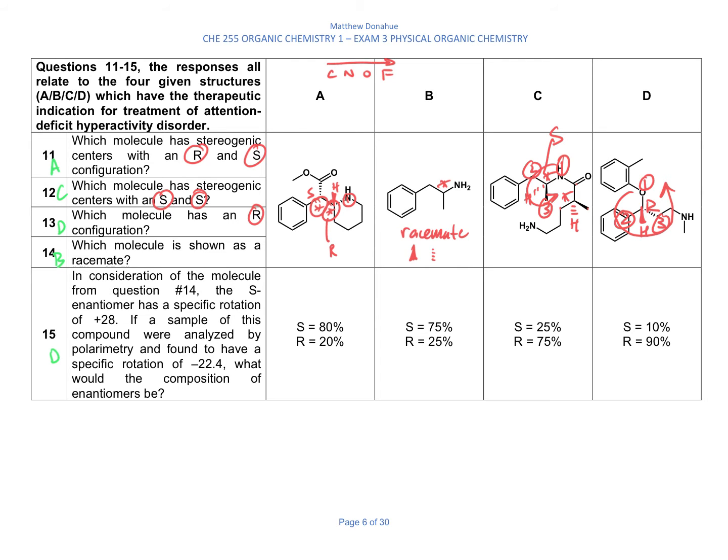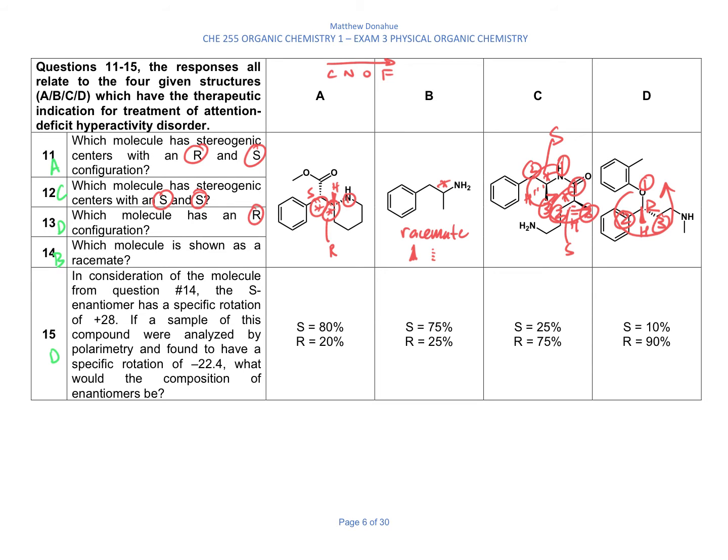This top one has multiple bonds to heteroatoms, so that's going to be 1. The right one has 3 hydrogens, so that's going to be 3. This other one has 2 hydrogens and a carbon, so 1, 2, 3. So that's going to end up being S. So that's the SS.